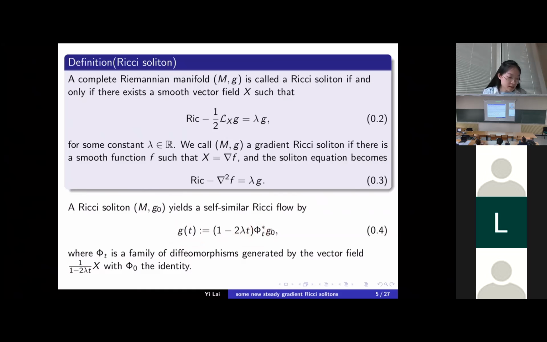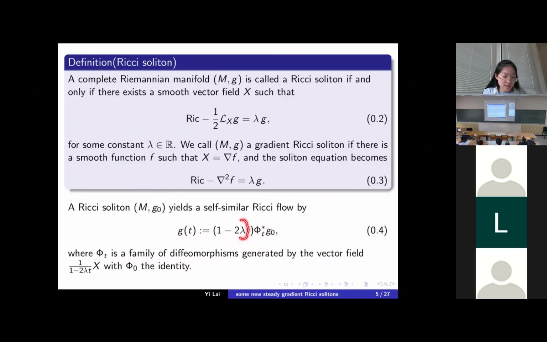Okay, so for different constant lambda, you will see different types of Ricci flows. For example, when lambda equals 0, then you do not have any kind of rescaling here. So your flow is defined for all positive and negative times, and that is called an eternal Ricci flow.